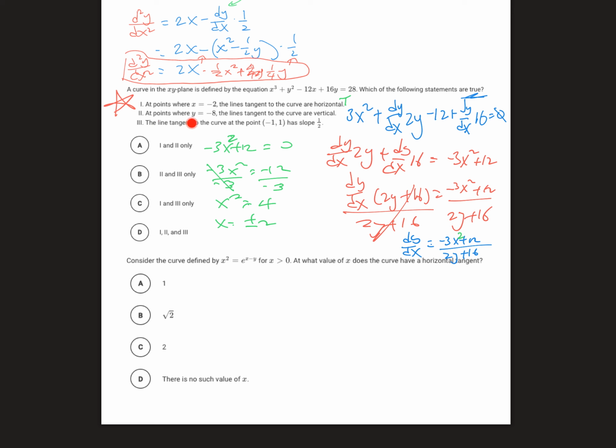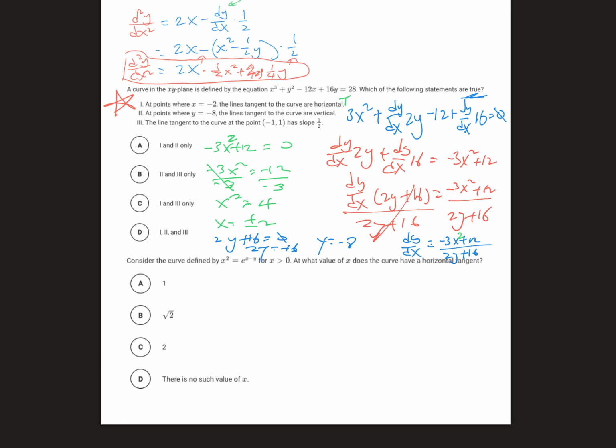Second thing, let's check part number 2. At the points where y equals negative 8, the lines tangent to the curve are vertical. Well, vertical means undefined slope, which means my denominator has to equal 0. Let's check that. 2y plus 16 equals 0. Minus 16 on both sides, 2y equals negative 16. Divide by 2, y equals negative 8. Great.